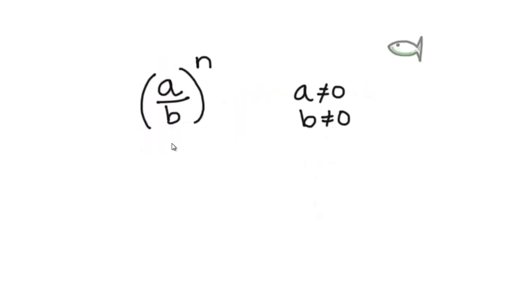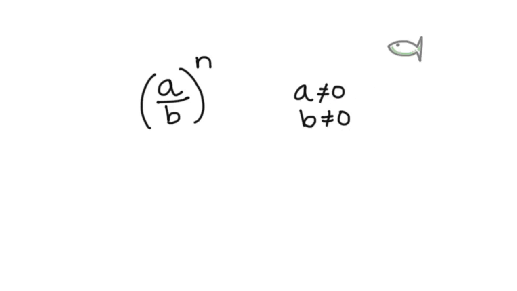There's one more thing I want to show you guys, and that is when you raise a quotient to a power n. So we have a divided by b inside the parentheses, and we're raising that to the n power. Now we have to make this requirement: a cannot be 0 and b cannot be 0.